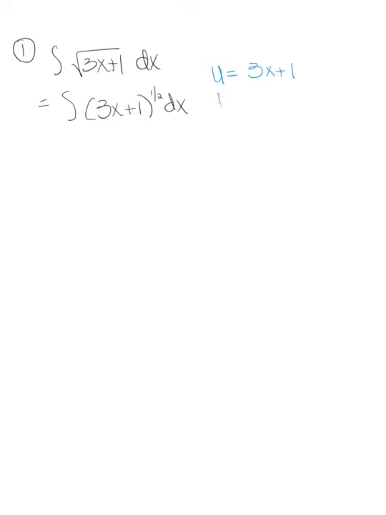Based on that choice of u, we define our u prime. The derivative of 3x plus 1 is going to be 3. So I come back here, and I see that I do indeed have a u to the 1/2, but what I'm missing is my u prime. And remember, u primes have to be there.